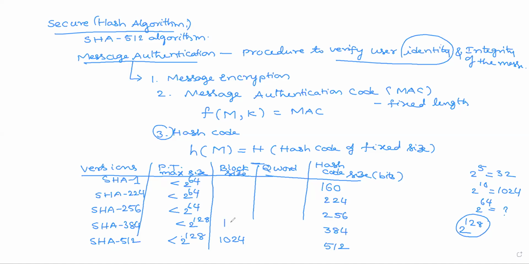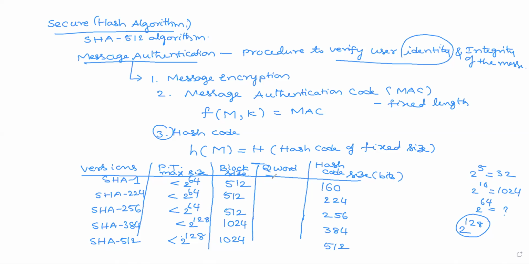And for this also it is 1024 bits. And for this it is 512 bits. Block size is 512. Then, in the previous encryption algorithms, along with the block size, generally we use some keys. Here, in every round operation of these SHA algorithms, we use some words.